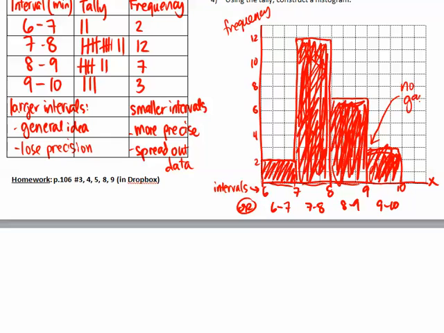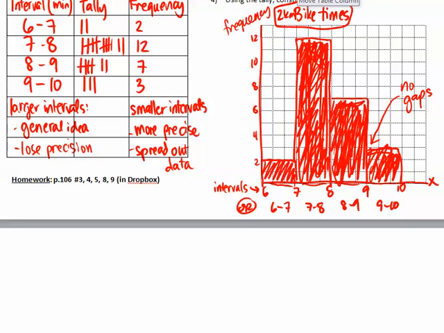The reason why is we call this continuous because we're chunking all the information into one continuous line or axis. And the title of this would be James's bicycle times, bike times, or 2-kilometer bike times.